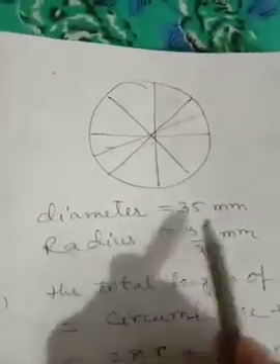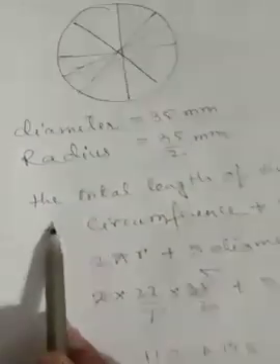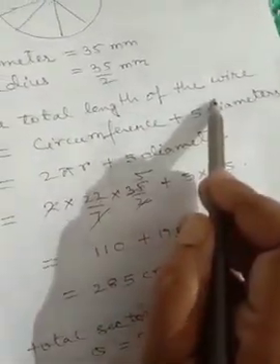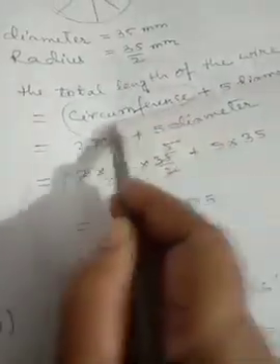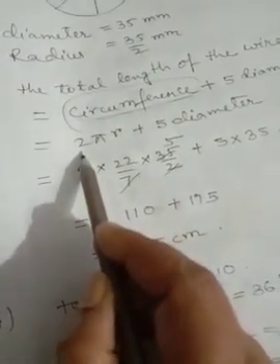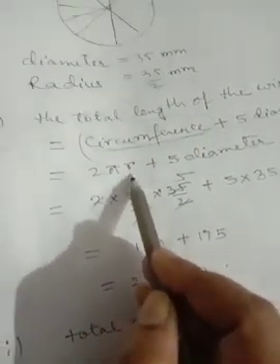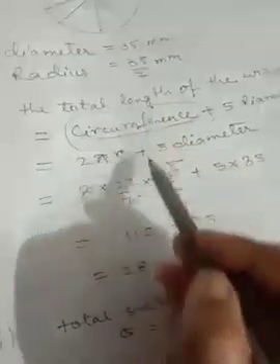Here the diameter is 35 millimeter, so the radius is 35 by 2 millimeter. The total length of the wire is equal to the circumference of the circle plus 5 diameters. We know the formula of circumference of the circle is 2 pi r, and here the radius is 35 by 2.